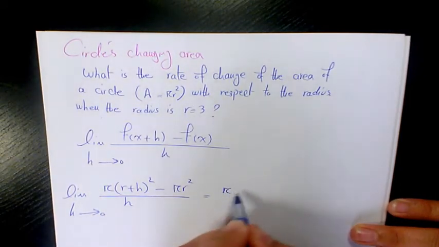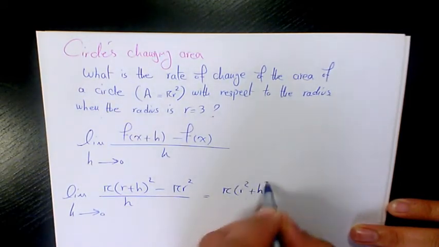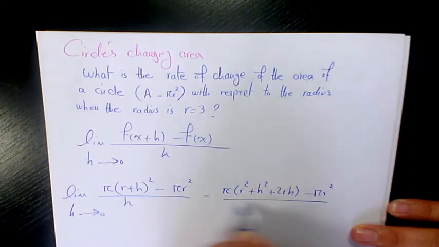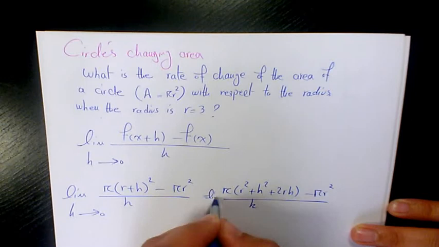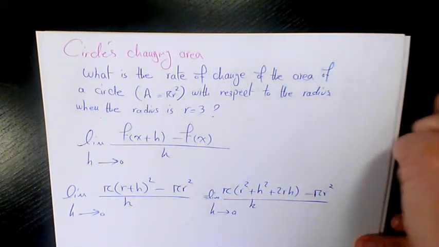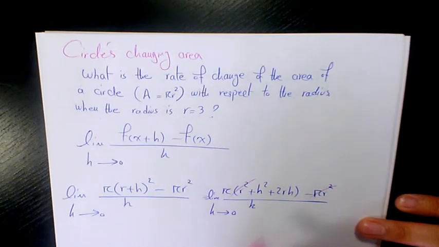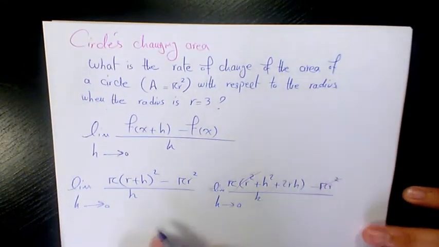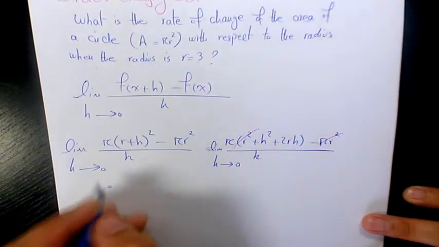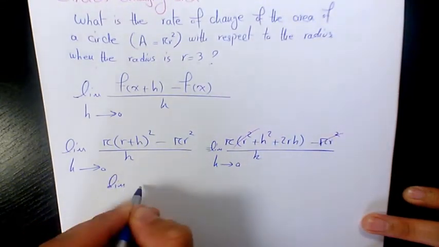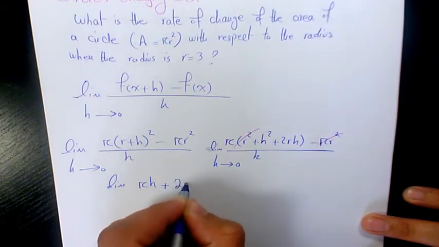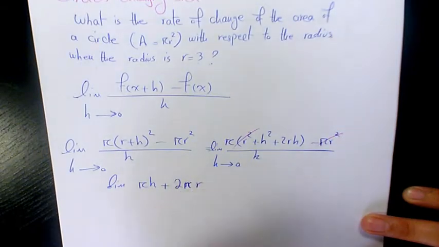That's going to be pi (r squared plus h squared plus 2rh) minus pi r squared divided by h. So then these two cancel out, and h from numerator and denominator is going to cancel out, and we have limit of pi h plus 2 pi r.